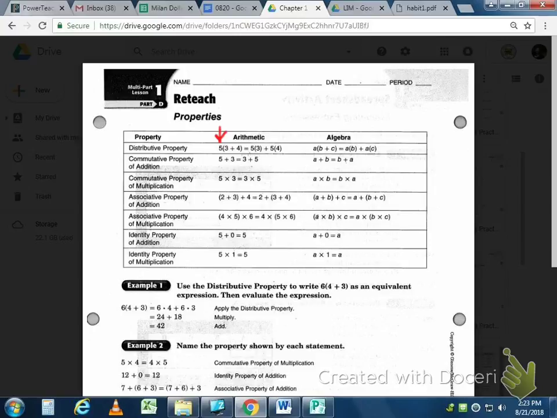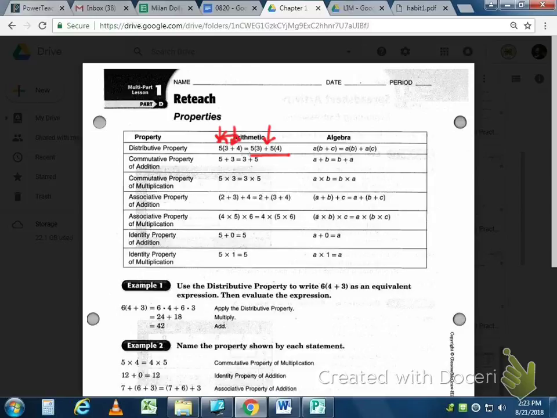To show distributive property, it means you distribute 5 through that parentheses by taking 5 times 3 plus 5 times 4. This sign, the plus sign, is the same sign that's in the parentheses. So if there was a minus in there, you would put a minus in there. The number on the outside of the parentheses, that's the one that you multiply by both of the numbers inside.